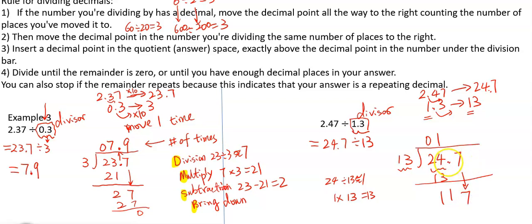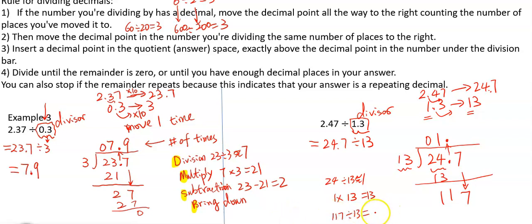By the way, when you see the decimal point, move it up and put it above the line. So now for the division part, we don't have to worry about the decimal point. So we're just trying to check how many times 13 goes into 117. So we're going to do division again. 117 divided by 13.